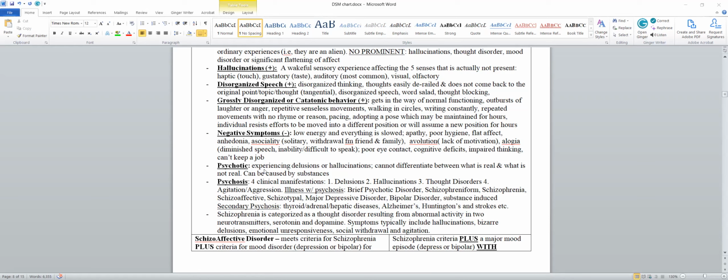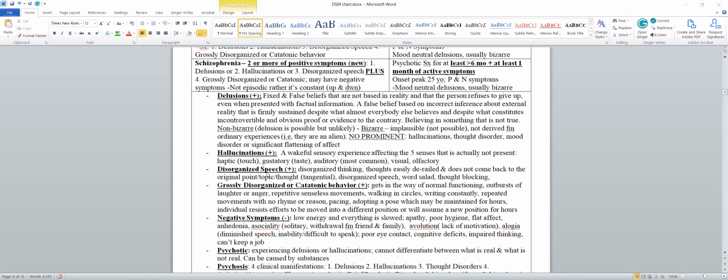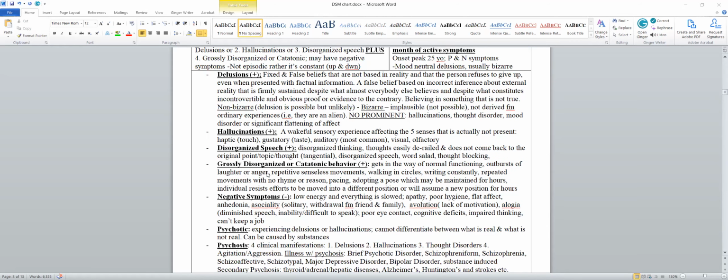Then there are psychotic and psychosis. So I'm going to go into the definition of delusions. Fixed and false beliefs that are not based in reality and that the person refuses to give up, even when presented with factual information.